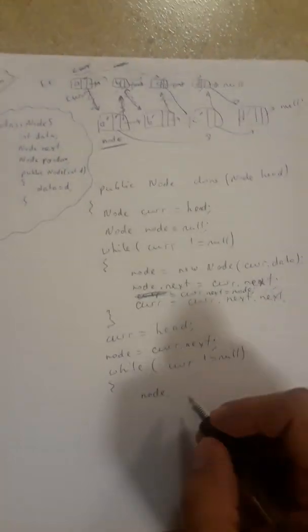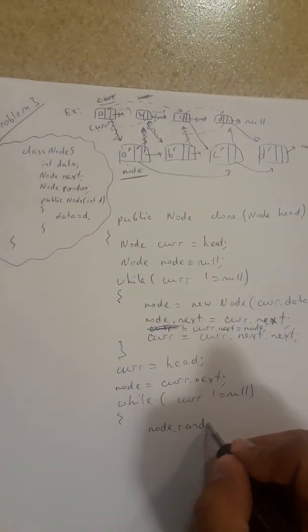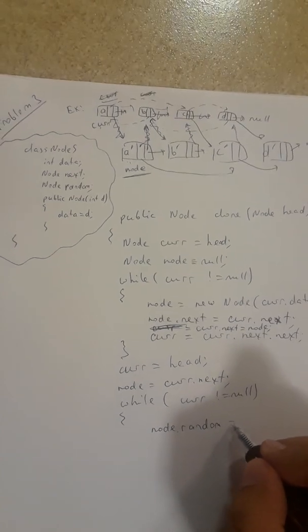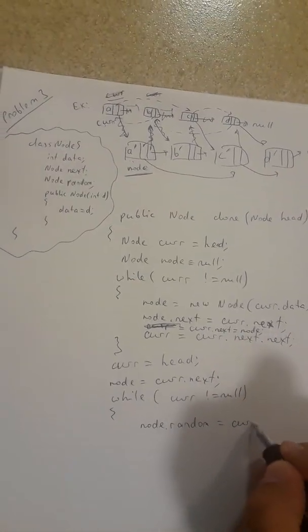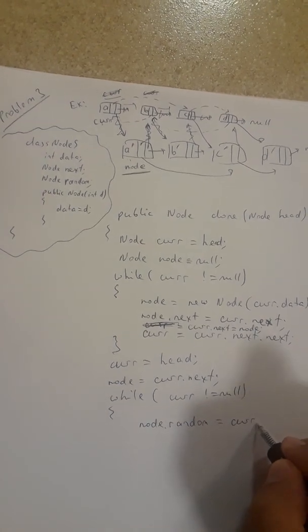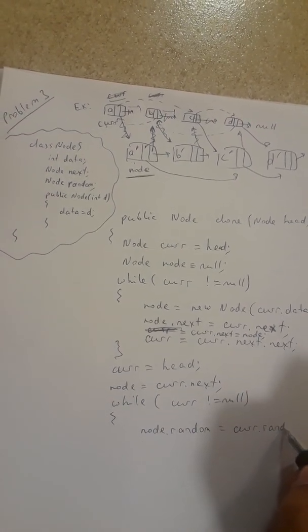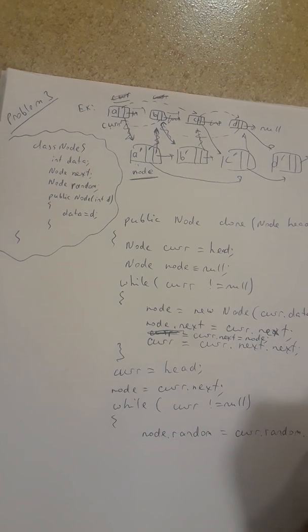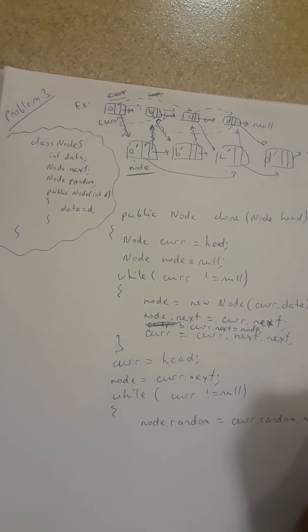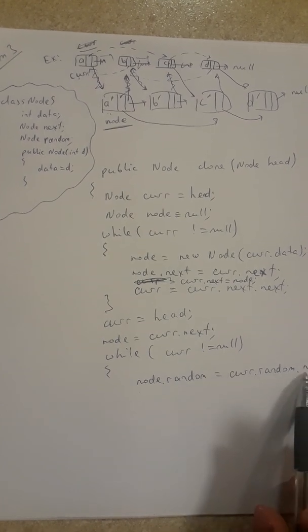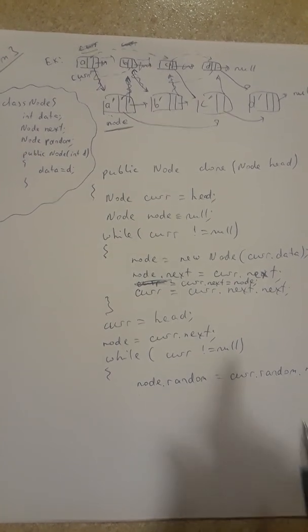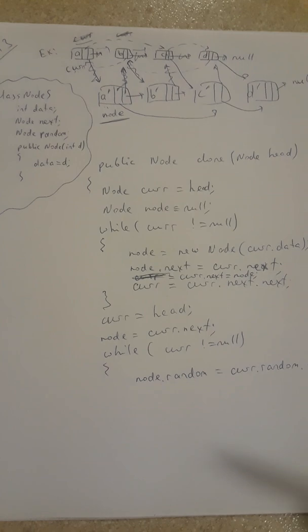and here I will handle the random pointers. So the random pointer of the cloned node will be pointing to the actual current random's next node. So as we know, the next node of each current is actually the cloned node.